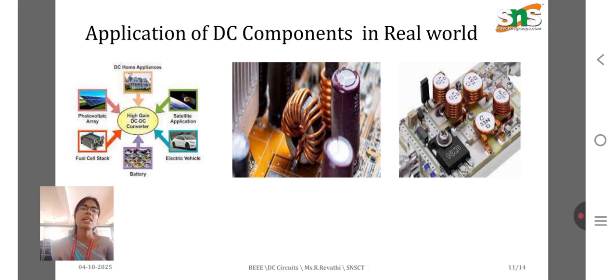So what are the applications? Talking about real time applications, inductors, capacitors, and resistance play a major role in the electricity field and are used in n number of components and applications.